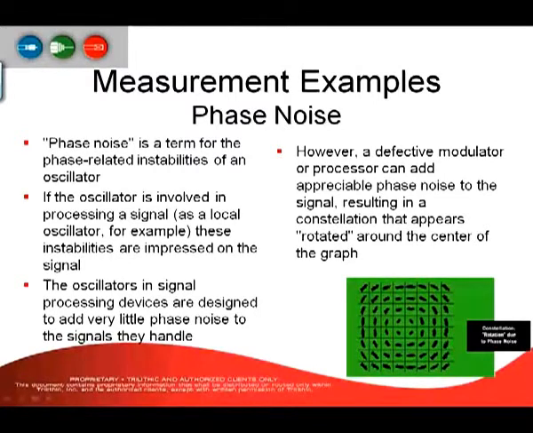The oscillators in signal processing devices are designed to add very little phase noise to the signals they're handling. However, if you do have a defective modulator or processor in the head end, it can add to phase noise, and it'll look like the actual constellation pattern is rotating.